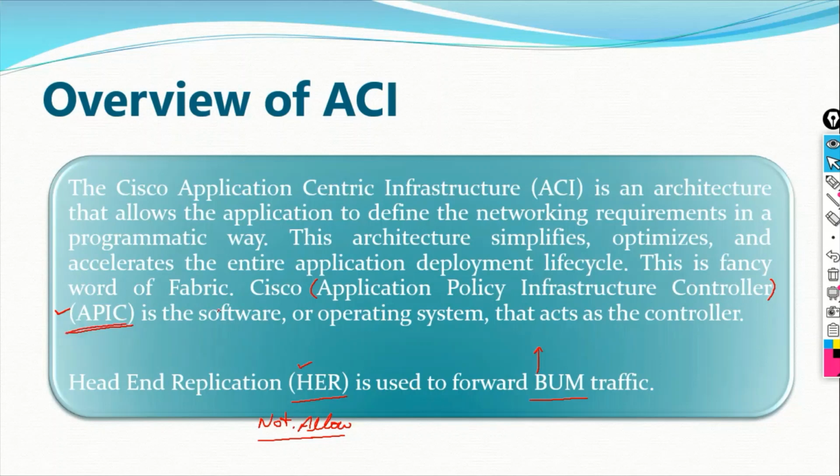What is the replication mechanism, whether we can send any broadcast or BUM traffic or not. So this is a very overview kind of session now, right? So next class we'll discuss the Nexus product family, what switches we have, their characteristics, architecture, and how we are going to use them in access mode and ACI mode.